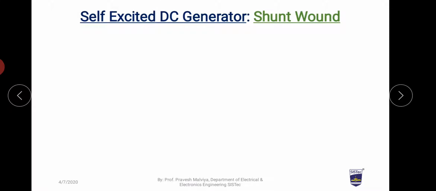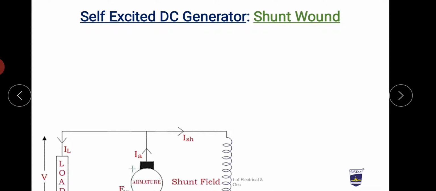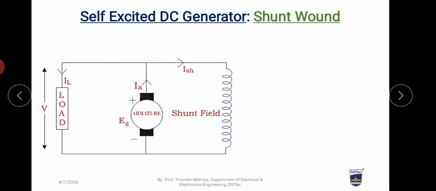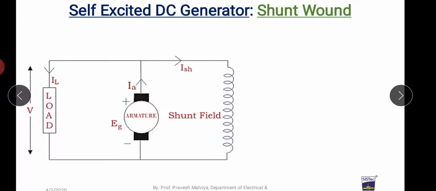Now coming to the next one, the shunt wound type of self-excited DC generator. We can see that the armature circuit and the field circuit are connected parallel to each other.